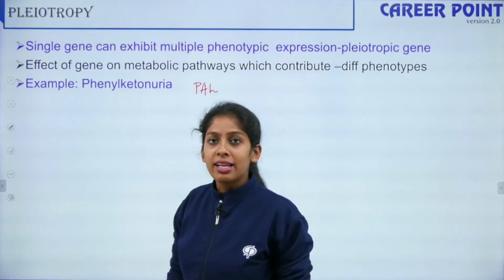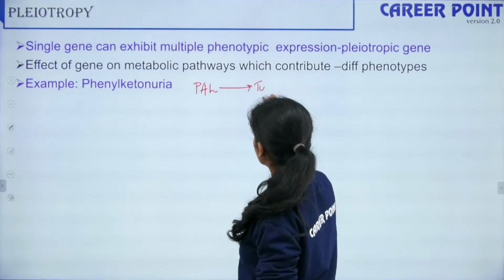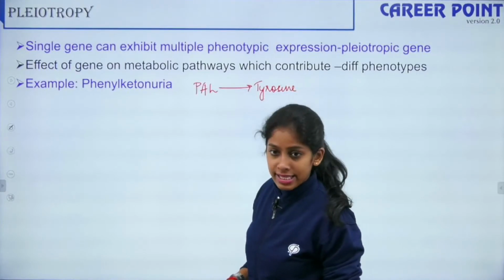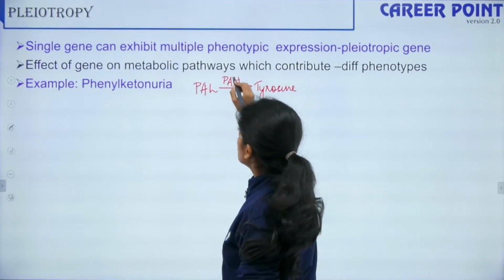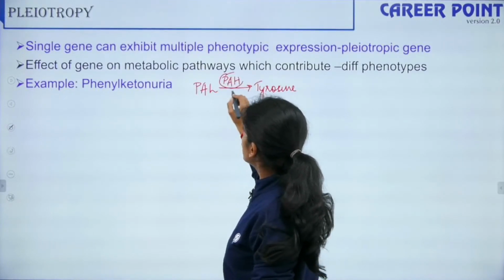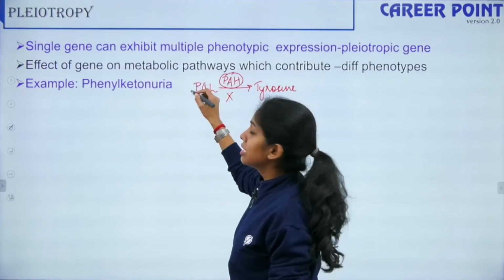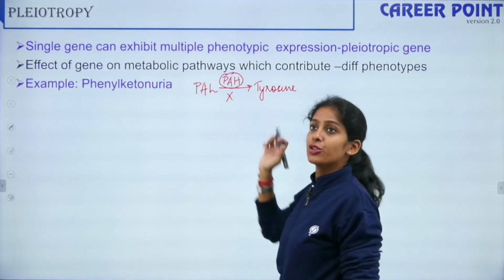This phenylalanine amino acid in your body has to be converted into tyrosine. This conversion is catalyzed by an enzyme, that is phenylalanine hydroxylase. So if this enzyme is absent, this conversion does not happen. Then this phenylalanine accumulates and it leads to a condition that is called phenylketonuria.